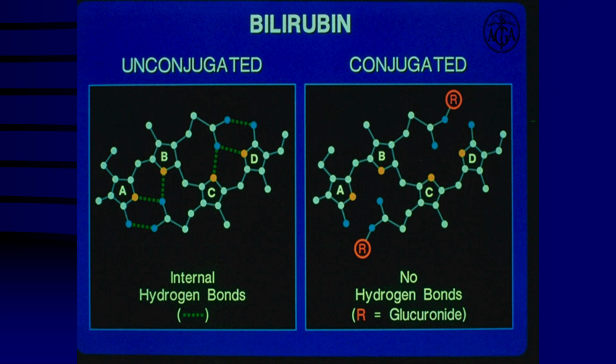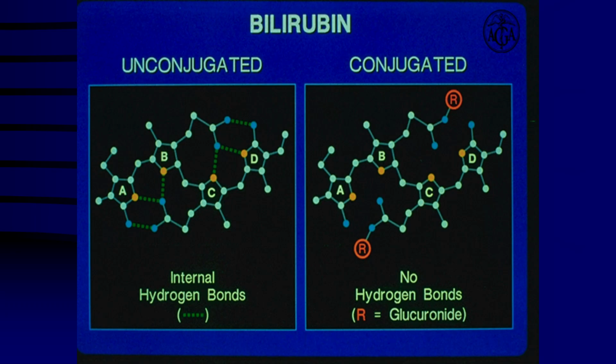So here are two diagrams. The one on the left is that of unconjugated bilirubin, which I repeat is not water soluble and is transported in serum bound to a protein, bound to albumin. And on the right is conjugated bilirubin bound to two molecules of glucuronide.